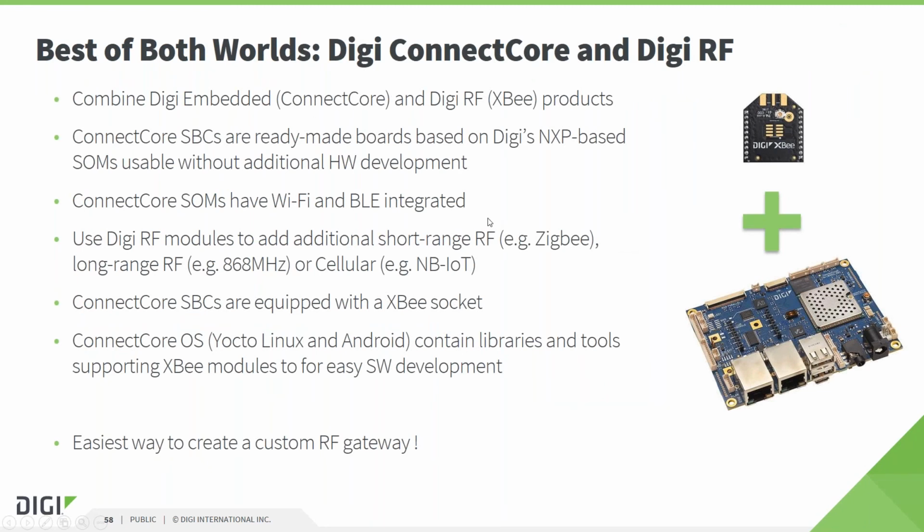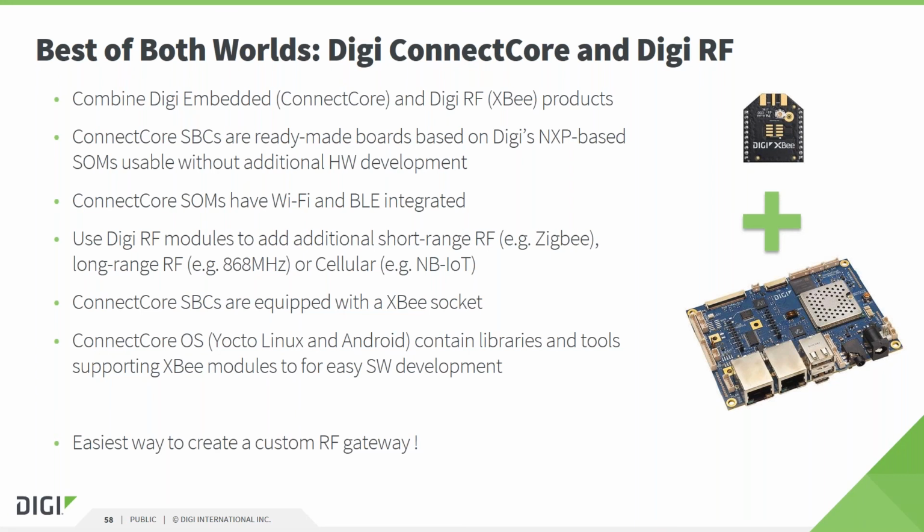If you plan to develop a custom RF gateway or a more sophisticated concentrator device, we recommend to combine a Digi Connect Core product and a Digi XBee module. Digi offers embedded system on modules based on NXP's i.MX application processors and single board computers populated with these SOMs.